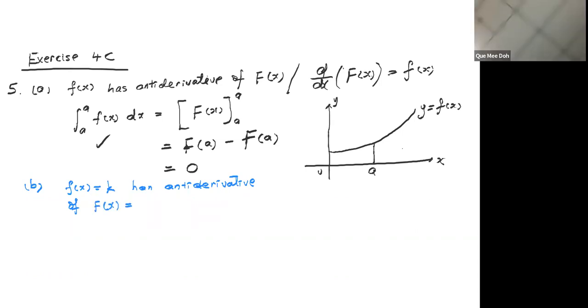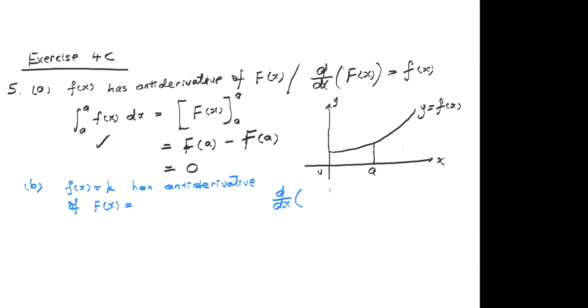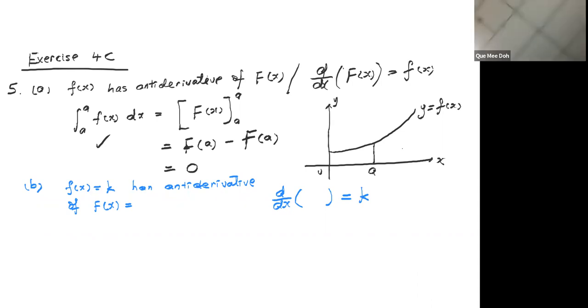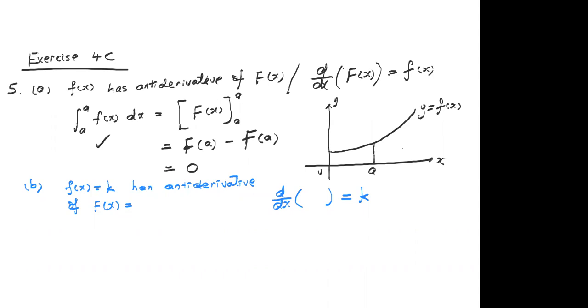Are you sure? Okay, you ask yourself, what do you differentiate so that you get k? You differentiate 0, no? Can someone give me? What do you differentiate so that you will get a k? Kx. Kx, yes.